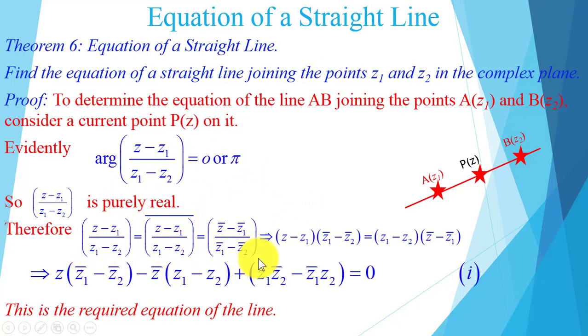Therefore, this implies that (z minus z1) into (z1 bar minus z2 bar) is equal to (z1 minus z2) into (z bar minus z1 bar). After simplification, this implies that z into (z1 bar minus z2 bar) minus z bar into (z1 minus z2) plus z1 into z2 bar minus z1 bar into z2 is equal to 0. This is equation number 1, and this equation 1 is the required equation of the line.